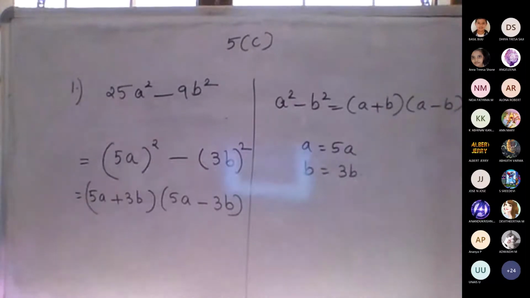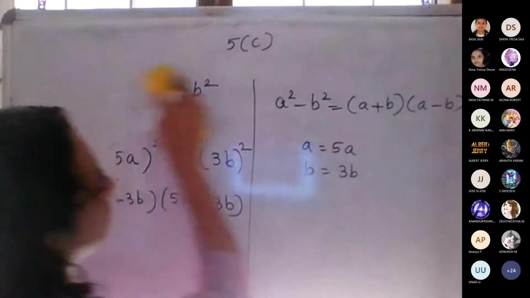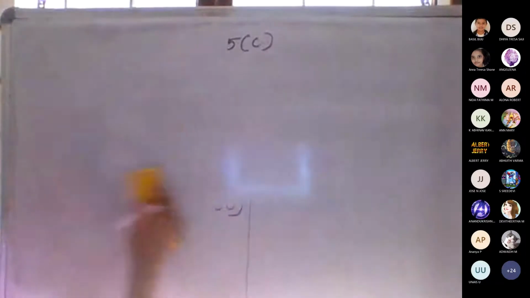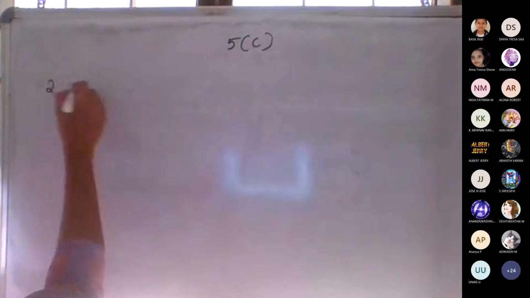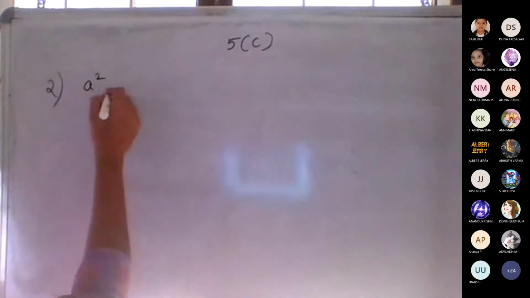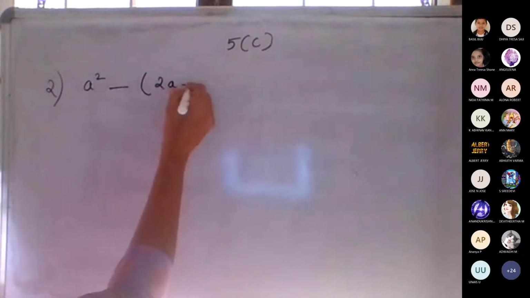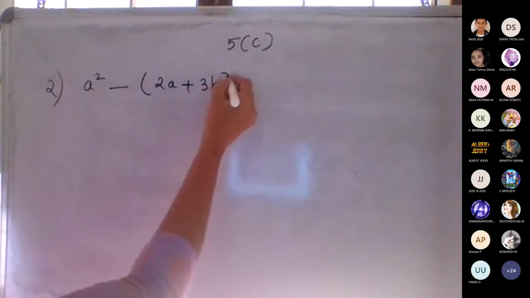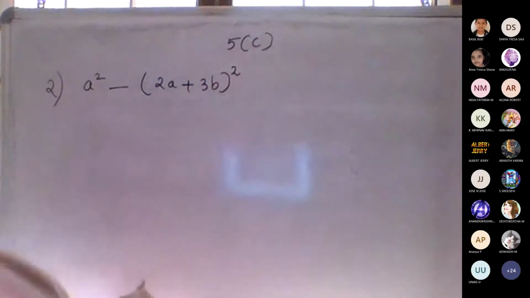Next one: a square minus 2a plus 3b the whole square. Is anyone thinking about a plus b whole square expansion? Do we want to do that? Yes, ma'am.